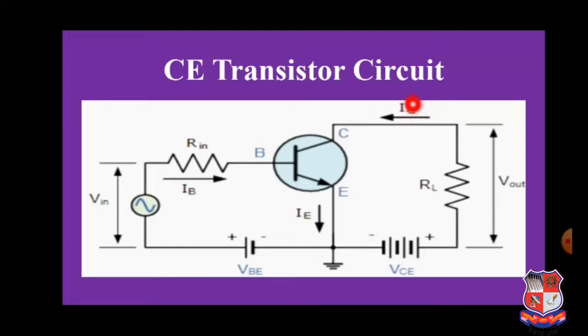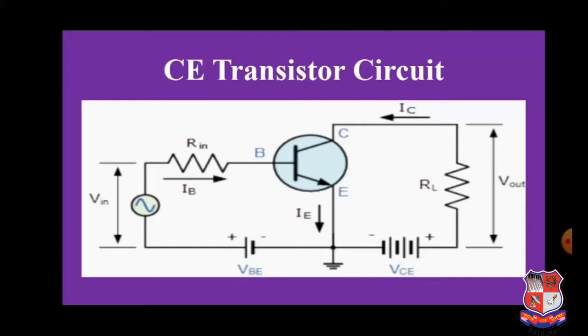So output current is very much higher, and with respect to this base current we will have the highest current gain in the CE, that is the common emitter transistor circuit.